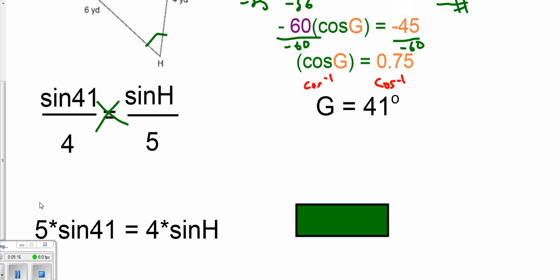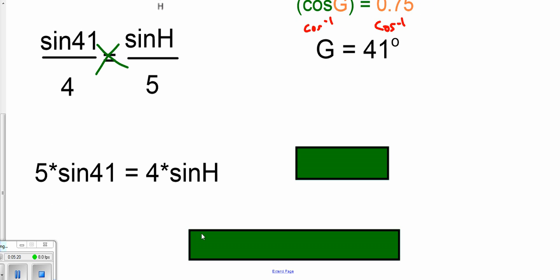We would say that 5 times the sine of 41 equals 4 times the sine of h. Now working our way backwards, kind of balancing this, we divide by 4 on both sides. It's going to cancel that out. And we have to take the sine inverse of both sides.